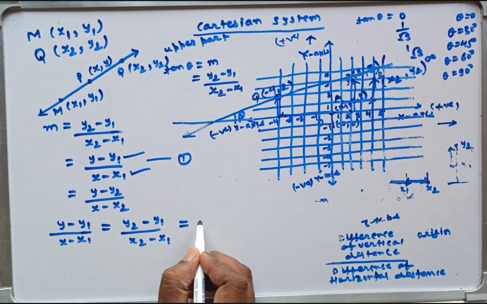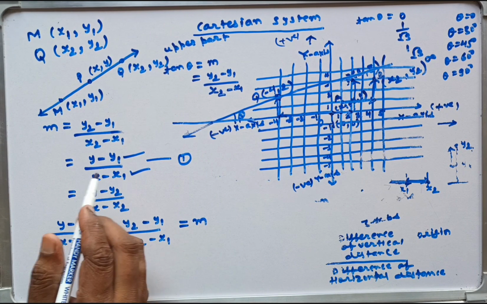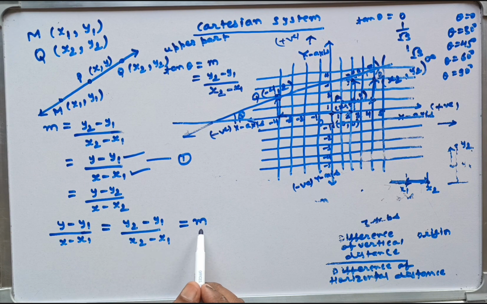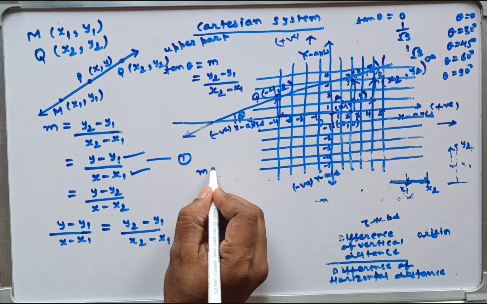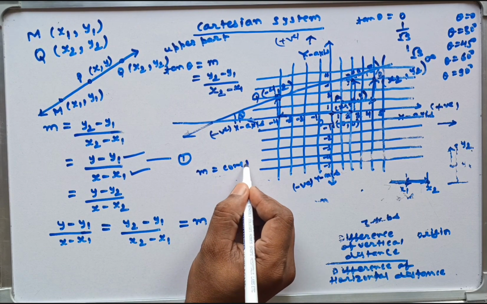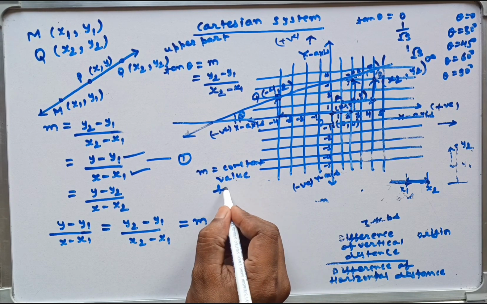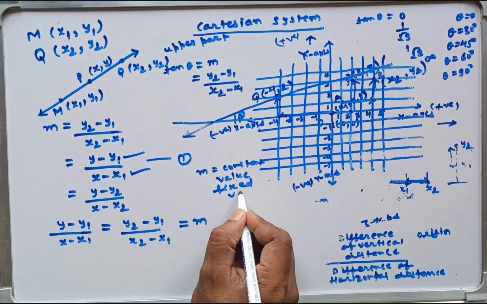Guys, this value is equal to m, because we are drawing a straight line when 2 points are given. So this m has a constant value, or you can say a fixed value.